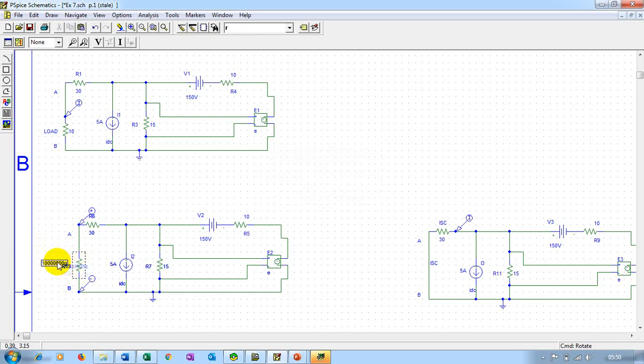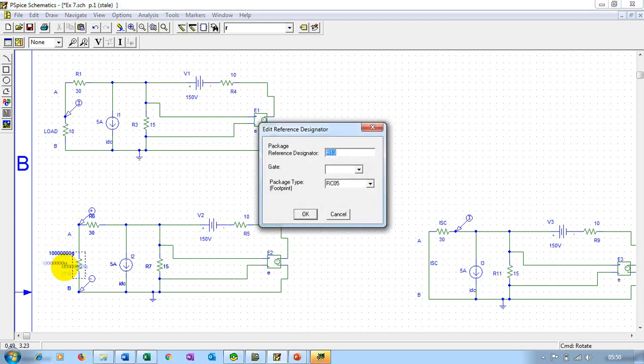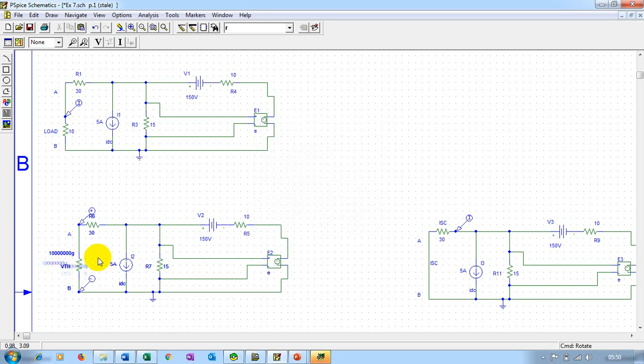So what I've done here is I've placed a resistance of a large value, thus creating an open circuit. And I rename R13 as VTH, right?